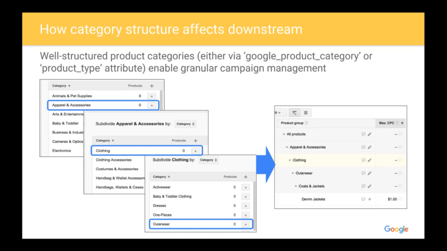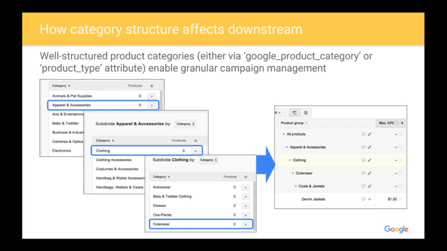So let's go back, as part of the maintenance session, to how you can use product categories in your feed to then have an effect downstream. Julia just talked about custom labels, and we want to bring you a second example. Let's say you're ultimately in shopping campaigns, and your feeds are what's driving your campaign structure down the road.